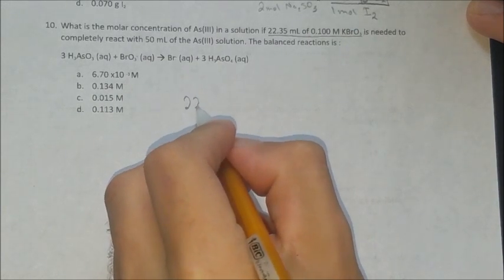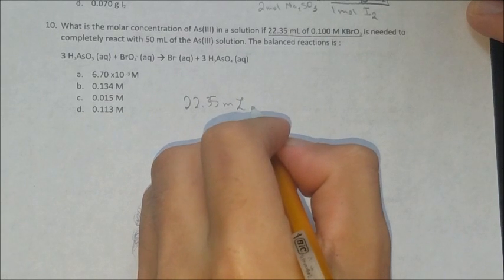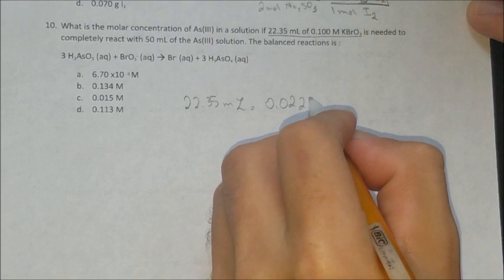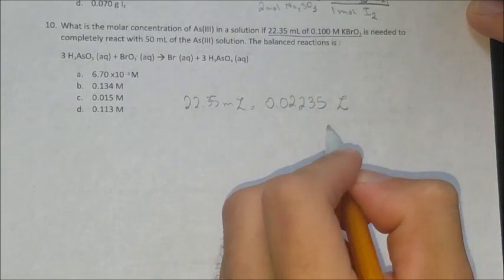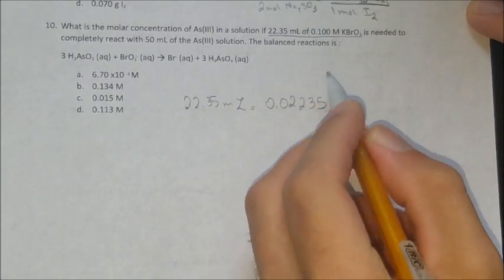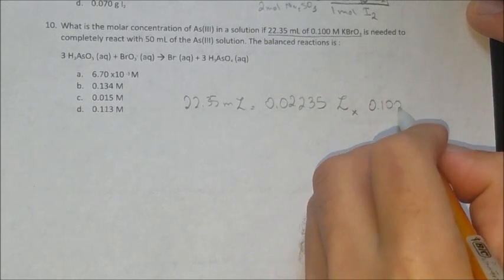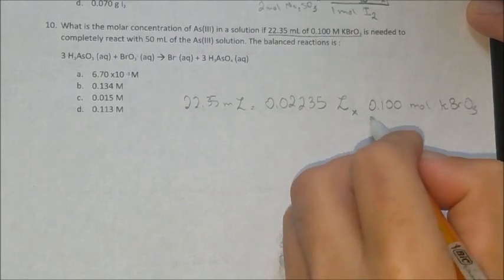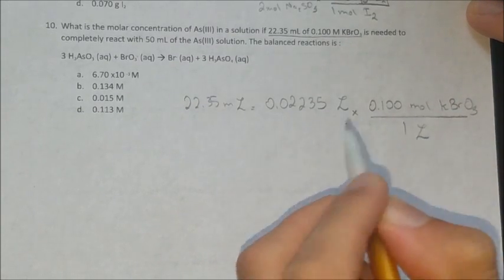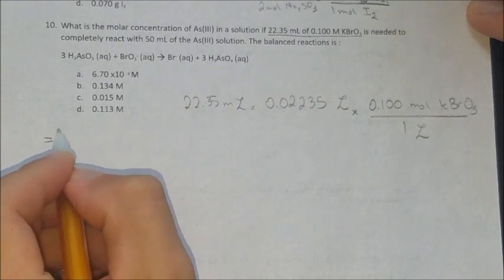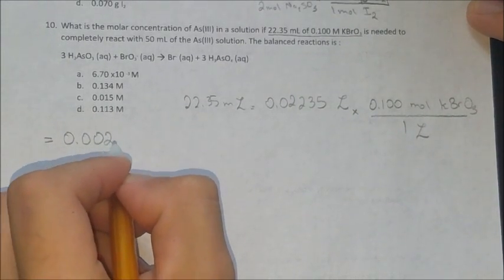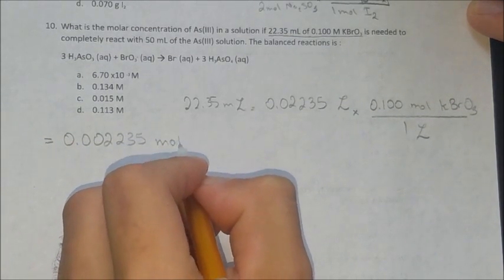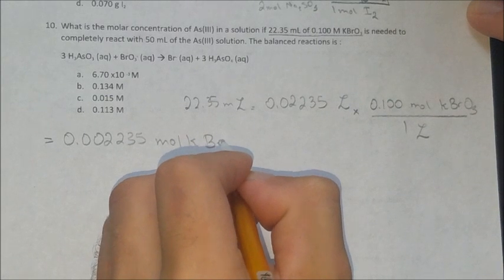We had 22.35 milliliters, which is 0.02235 liters. Then we're going to take this and multiply it by the molarity to get us into moles. That equals 0.002235 moles of KBrO3.